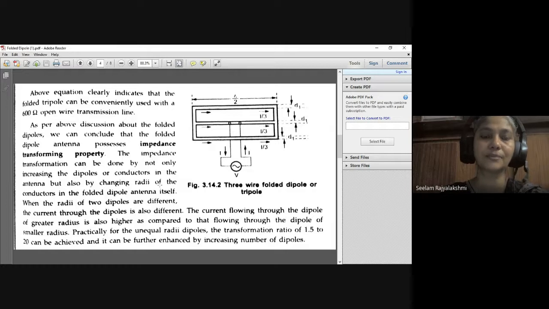Here we have seen the increasing of dipoles, that means two half-wave dipoles or three half-wave dipoles, that means tripoles. Impedance transformation can also be done by changing the radii of the conductors in the folded dipole antenna itself.